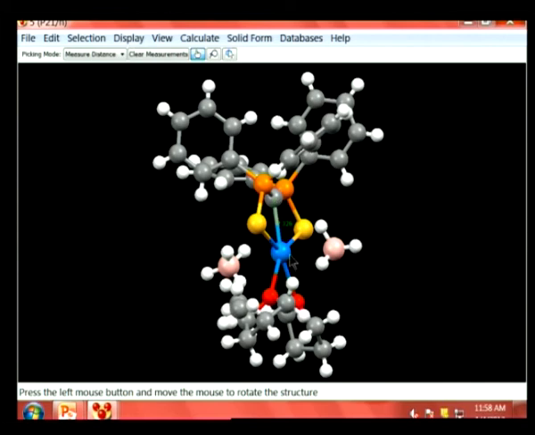Now, how do we know that there is a double bond between the uranium and the carbon? The uranium single bond radius is around 1.8 or 1.77 angstroms according to some estimates. And so, if you estimate carbon to have a single bond radius of 0.77 angstroms, you will notice that this distance is 2.326 angstroms.